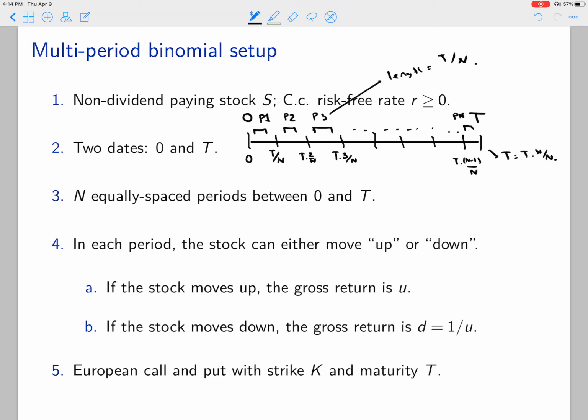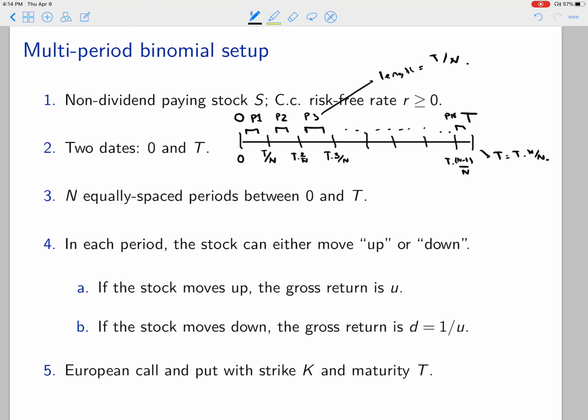Again, this is going to branch out into a big binomial framework. We can use this model to price any single asset derivative. It's not going to matter. But for simplicity, we're just going to focus on pricing European calls and puts in this lecture, with strike K and maturity T, since they're European style.